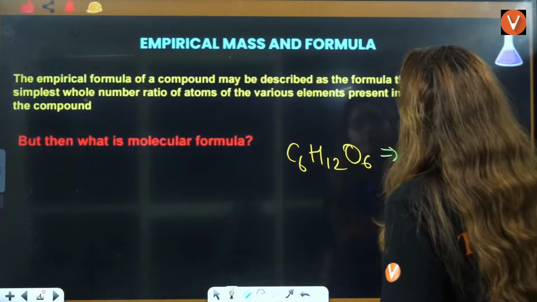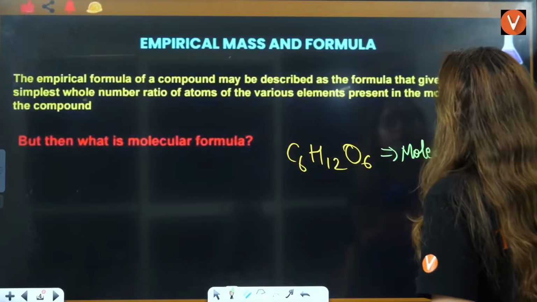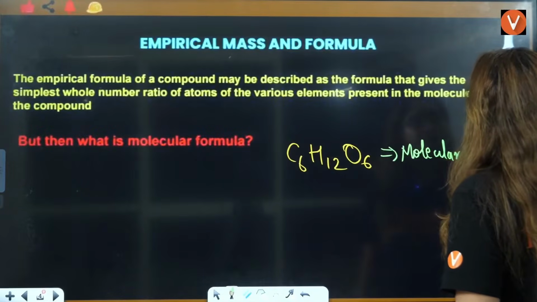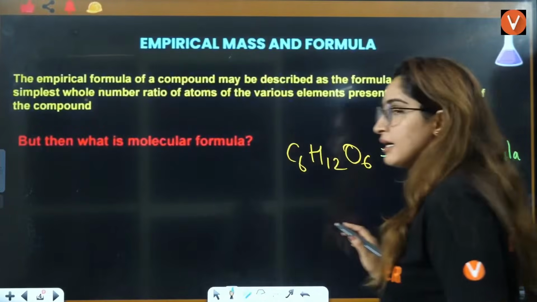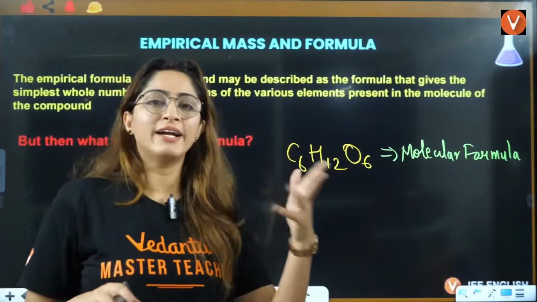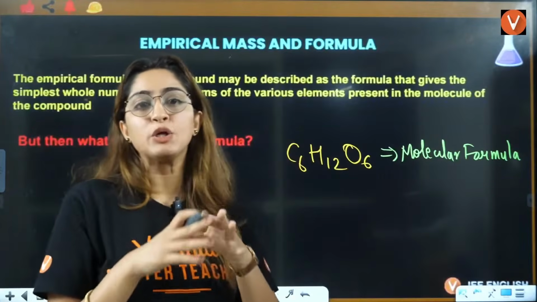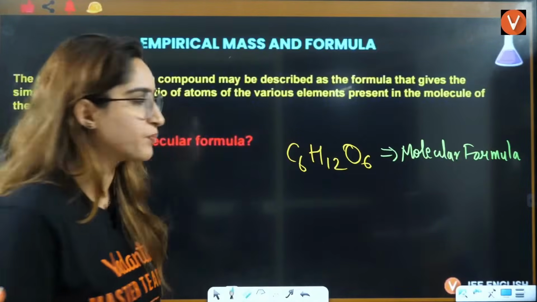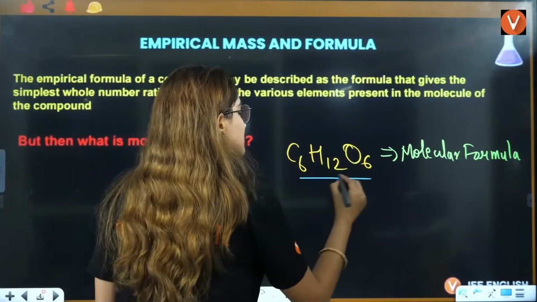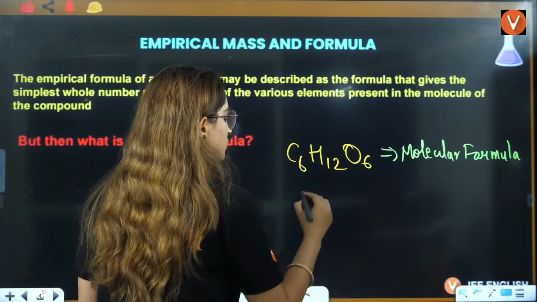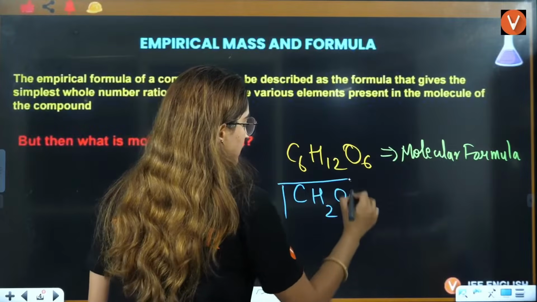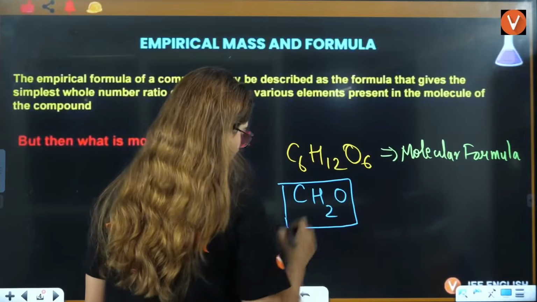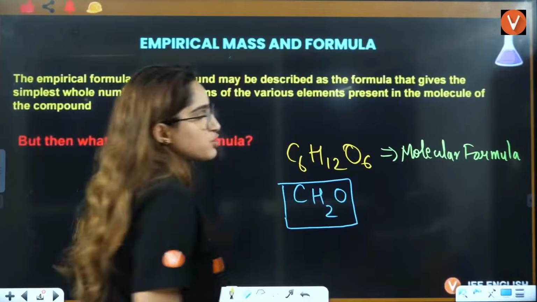This is the molecular formula, right? Now, if I say that you just have to divide it by a number to make it into the simplest whole number ratio, I'll divide it by 6 and this will become CH2O.